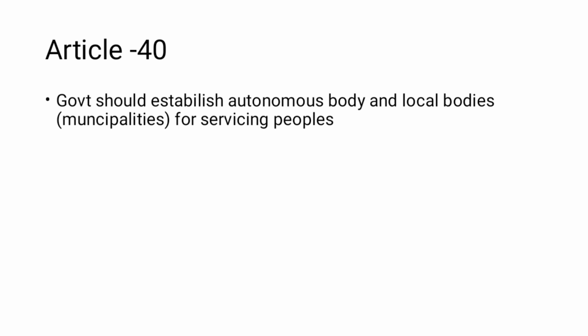You need to work in a particular autonomous body, and working in different locations is not possible. If you work in a particular organization, that is called an autonomous organization. You need to give municipalities for servicing people. So that is called Article 40.